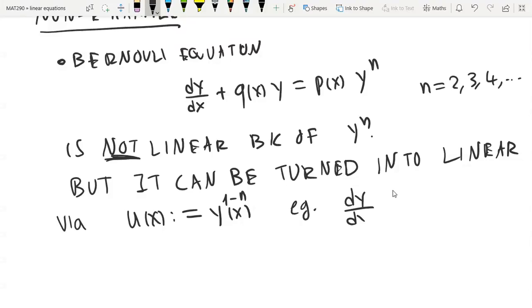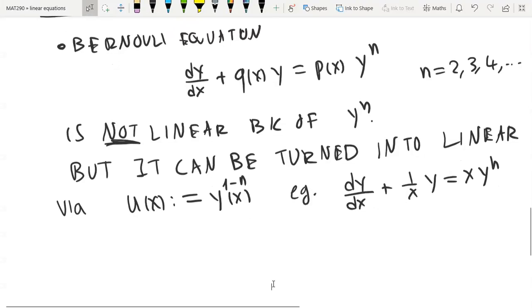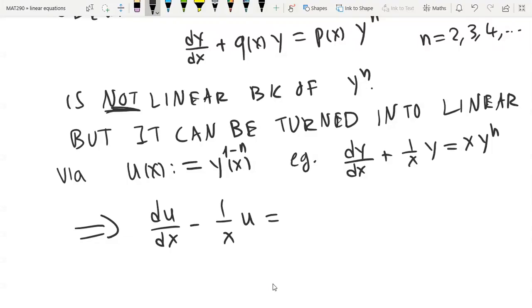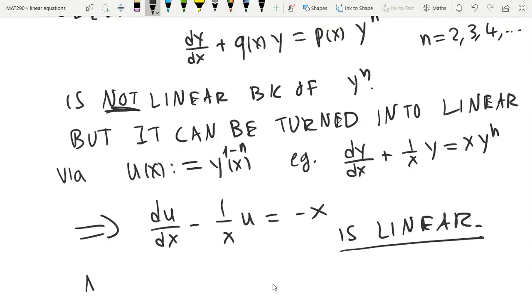suppose we have 1 over x times y and x. If this is the example, then u satisfies the following: du/dx minus 1 over x times u equal to minus x. Now this is linear, and that's pretty cool.